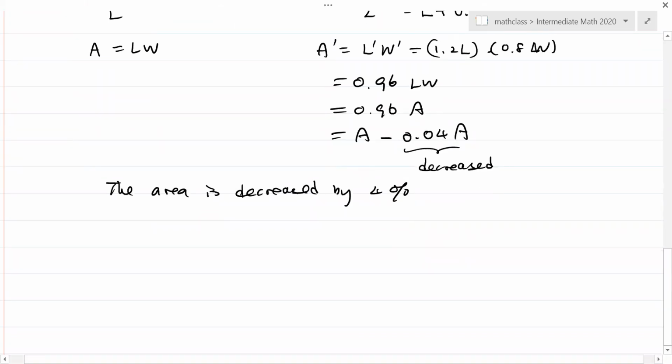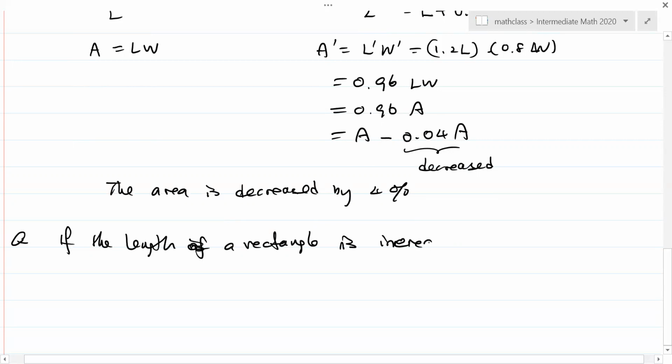All right, so if you know how to do this problem, I'm going to ask you to do the next one. If the length of a rectangle is increased by 10%, now you want to keep the same area.